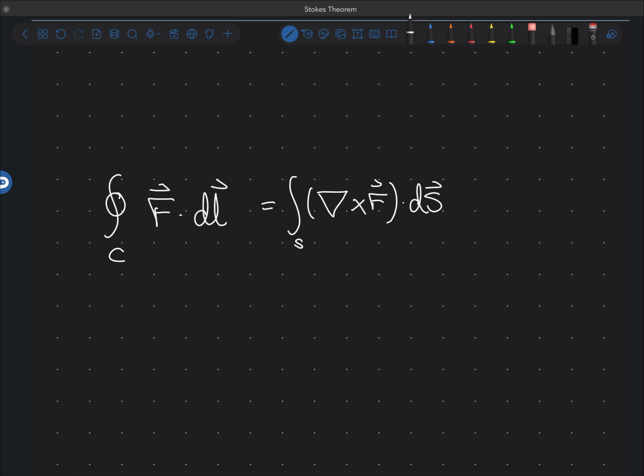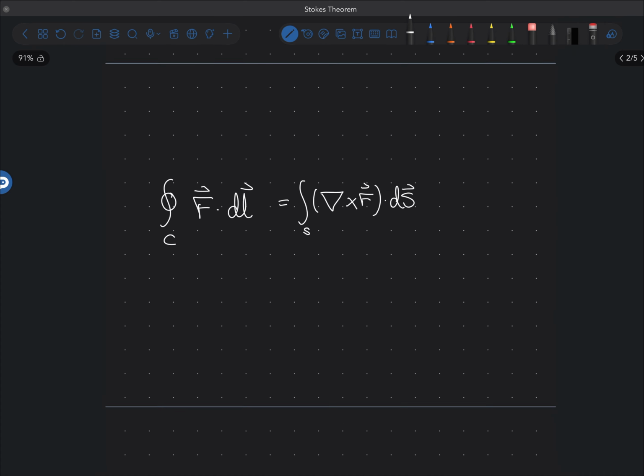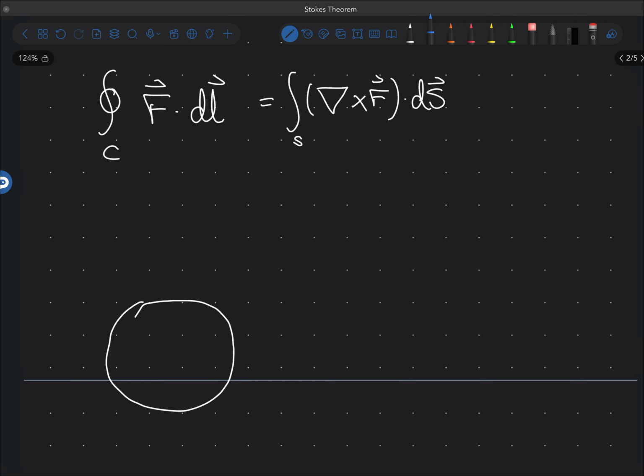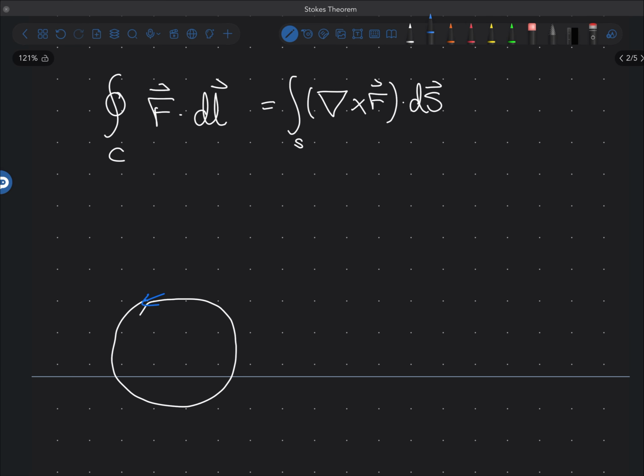And if we look on the left-hand side of the equation, it essentially says that for a closed loop, all it's doing is adding a vector field across the loop's length at each infinitesimally small segment across the loop.